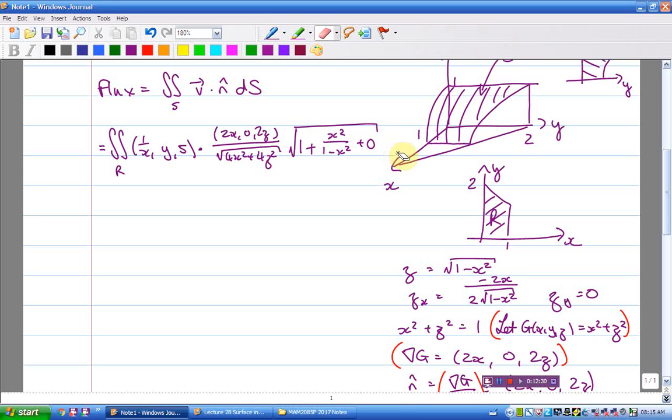Whew, it's a bit squashed, isn't it? So that over there is my z x squared. It's my x derivative squared. Am I right? Yeah.